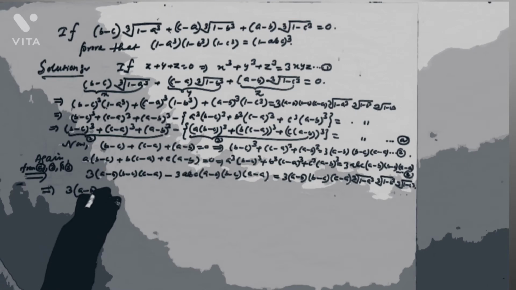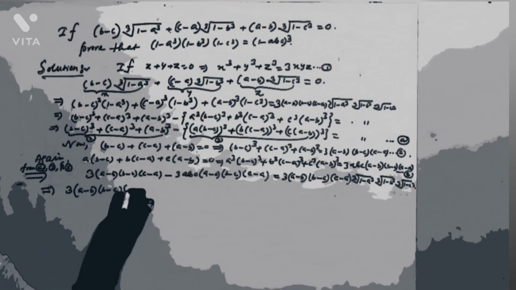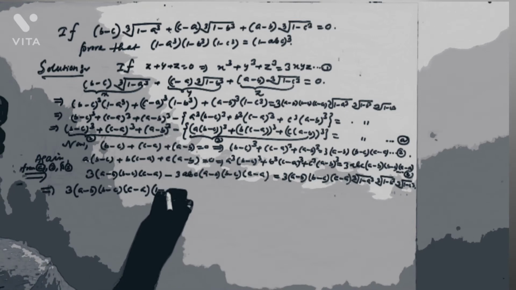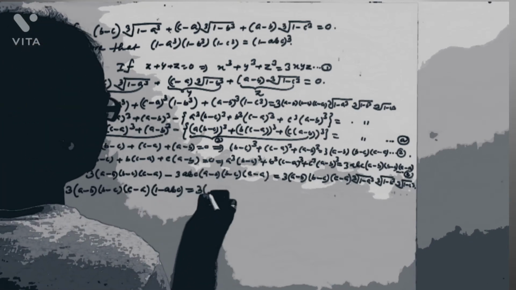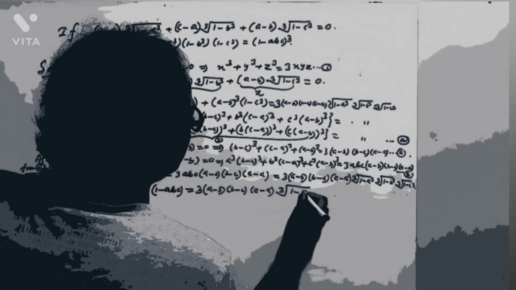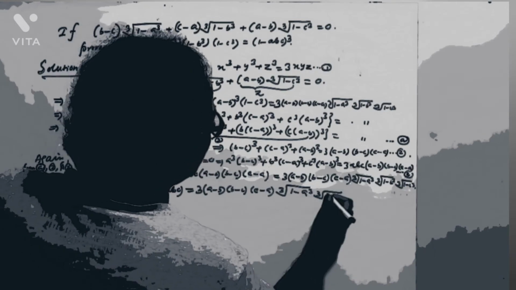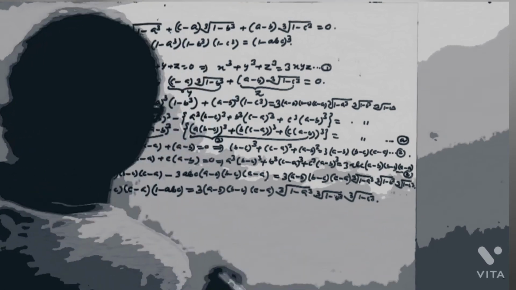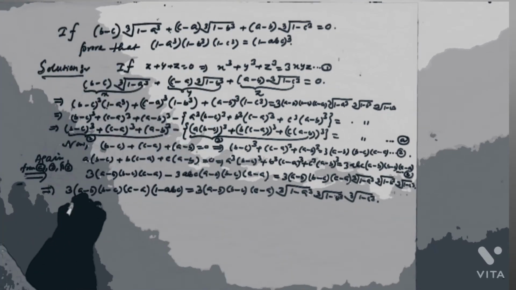Taking common 3 (a minus b)(b minus c)(c minus a) and (1 minus abc), this is 3 times (a minus b)(b minus c)(c minus a), times the cube root of (1 minus a cube), cube root of (1 minus b cube) and cube root of (1 minus c cube). From this, these two are cancelled.